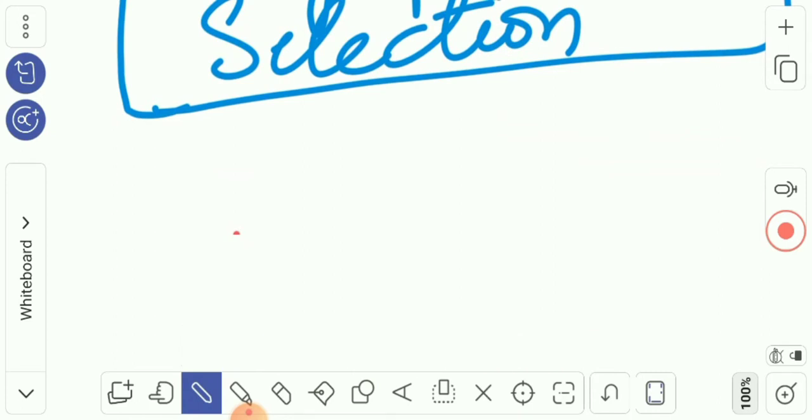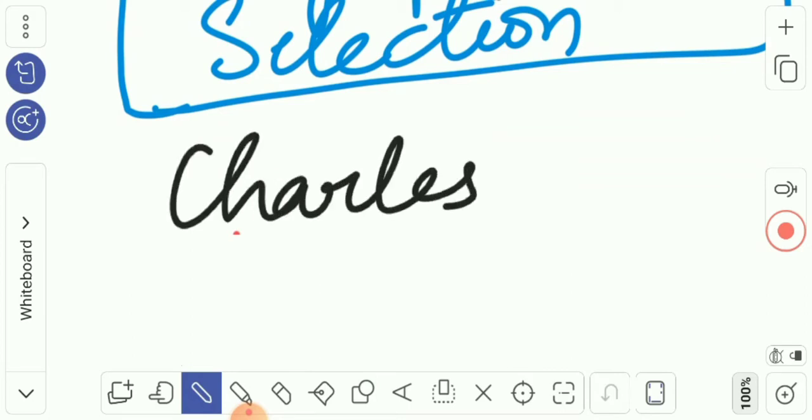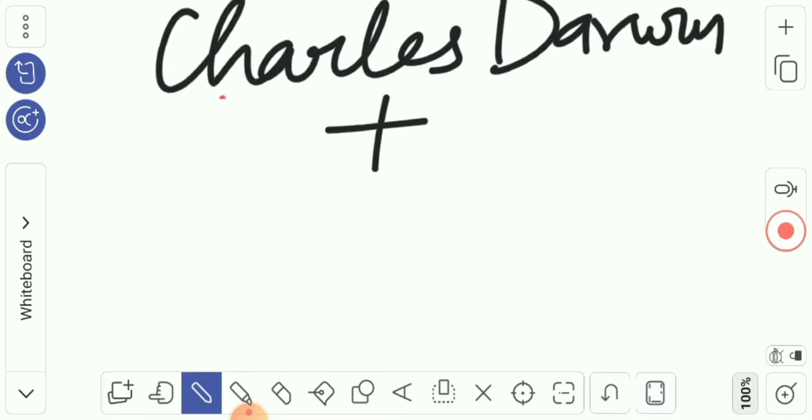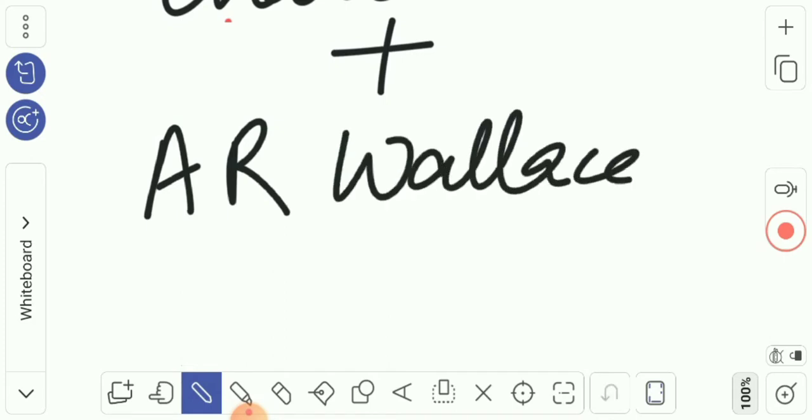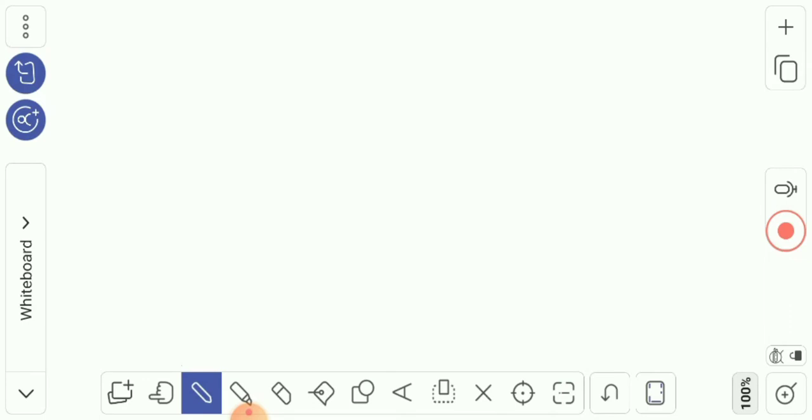Now, this theory was proposed jointly by Charles Darwin and one more scientist named A.R. Wallace. Okay, remember this.